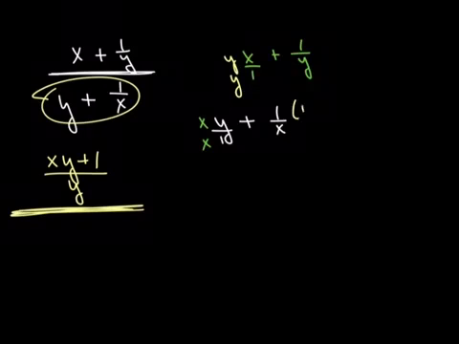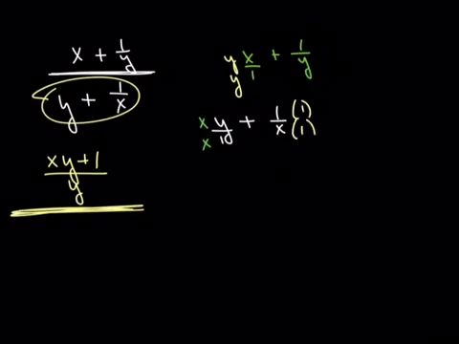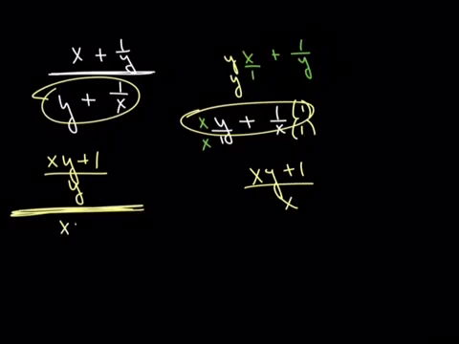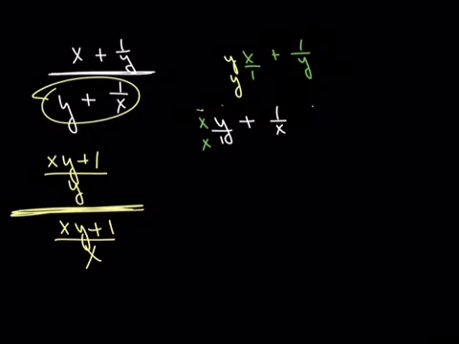Well, again, I have a 1. You can multiply it by that 1 if you want. Doesn't do anything. So I combine those, xy plus 1 over the common denominator of x. And that's what goes here. All right. Not too terribly hard yet, I don't think.